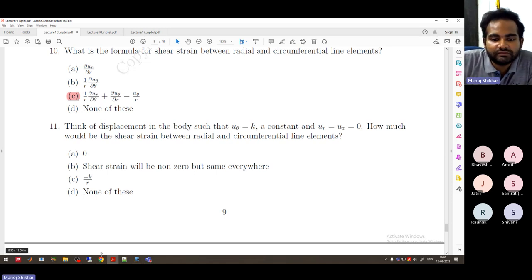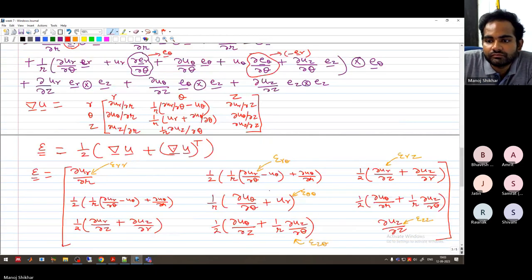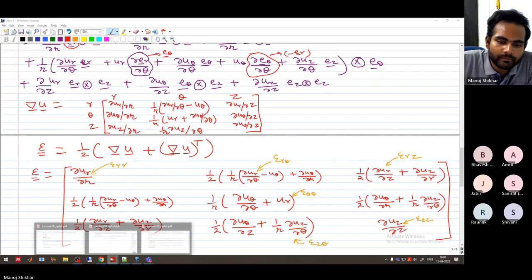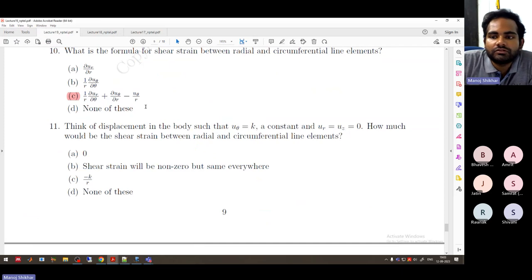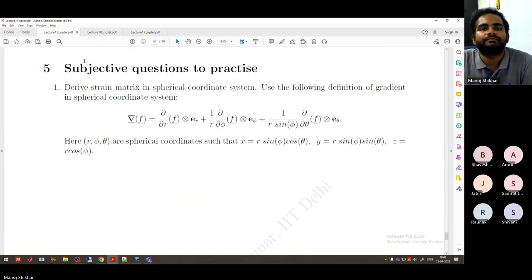Now let's see if something will survive. So u r is 0, so this term is 0. Del u theta by del r will be 0, but there is a minus u theta by r term there. So the answer will be C, minus k by r. Okay.